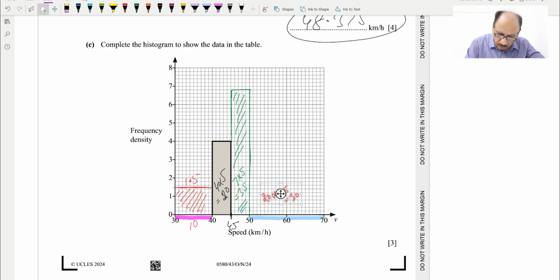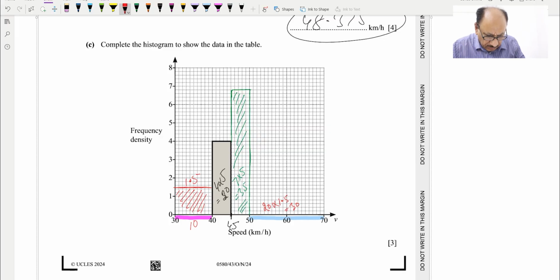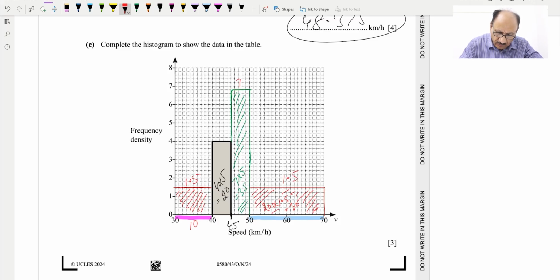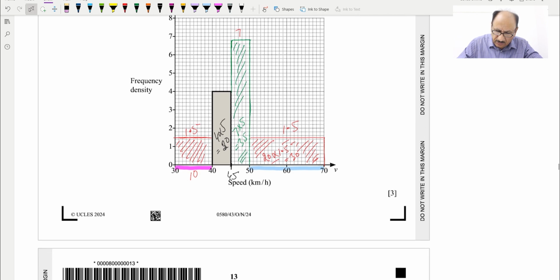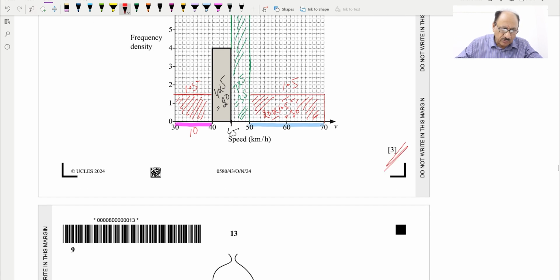So 1.5 we can write here, and 1.5 we will be drawing up to this one, and on this side also we need to close the bar, otherwise you will lose the marks, and this is the complete bar. Hopefully you understand this. So height of this one is 7, height of this one is 1.5. I'm mentioning for your understanding. So this was a 3-mark question which is done.